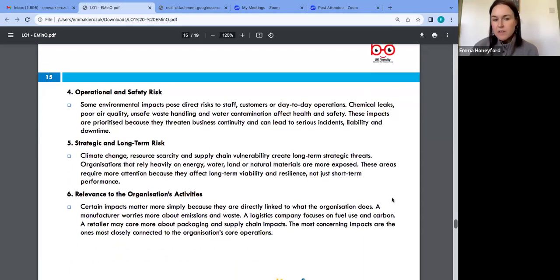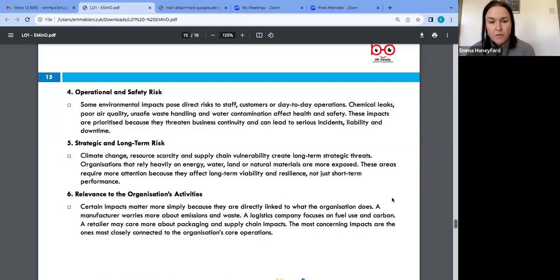Then again, back to the relevance to an organisation's activities. It depends on what an organisation does and how it impacts the local environment, so keep it specific to an organisation's key operations.